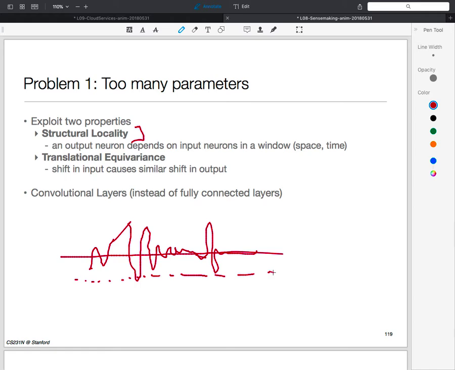So I'll get an event at this point. Now let's imagine I shift this whole waveform. Then the location of that event will shift by the same amount. So equivariance refers to the fact that when I shift things, the output also shifts by the same amount.